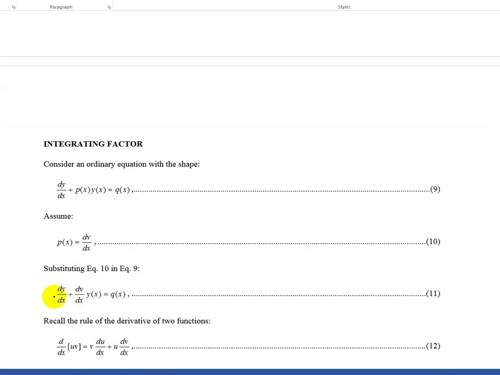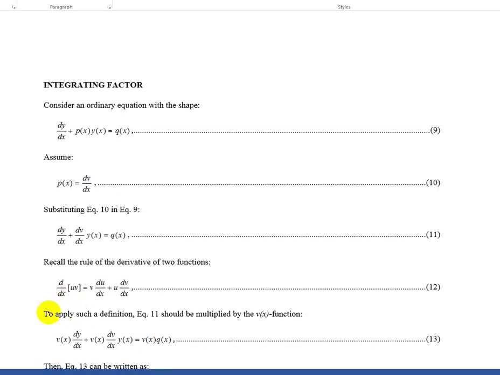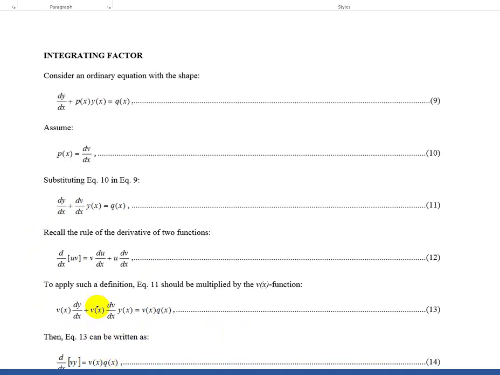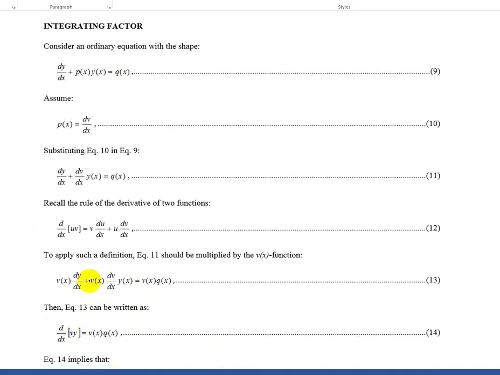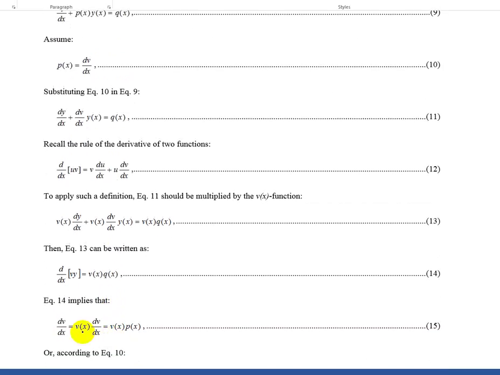To do so, we are going to multiply the whole equation by the function v, right? Since we have done this already, we can express this in the shape of the rule of the derivative of a product, right? However, this implies that the derivative of v is going to be equal to v times the derivative of v of x.